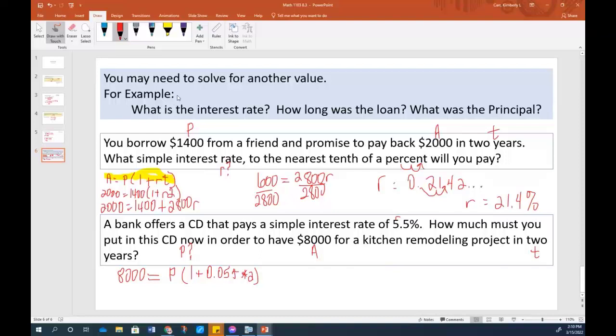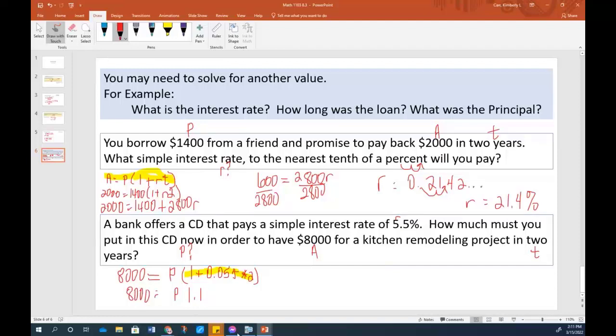So first of all, I can take this part that I have in parentheses and I can simplify that. 2 times 0.05 is 0.1. And then when I add a 1 to it, that part becomes 1.1. I still have a P over here and I still have 8,000.